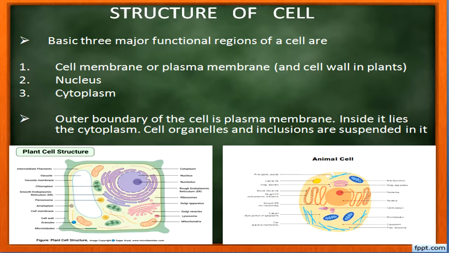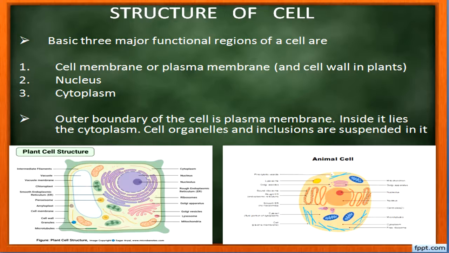Then if you take any typical cell, there are basically three major functional regions. They are the cell membrane or plasma membrane, and in addition to the plasma membrane, a cell wall will be present in plants. All of you know that. We have learnt in 8th standard, isn't it? The second functional region is the nucleus and the other one is the cytoplasm.